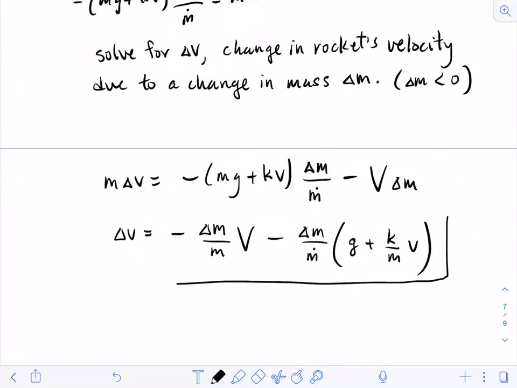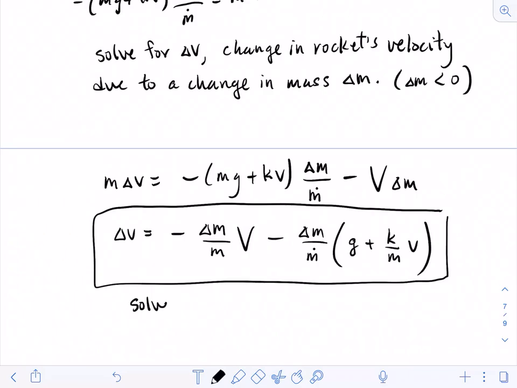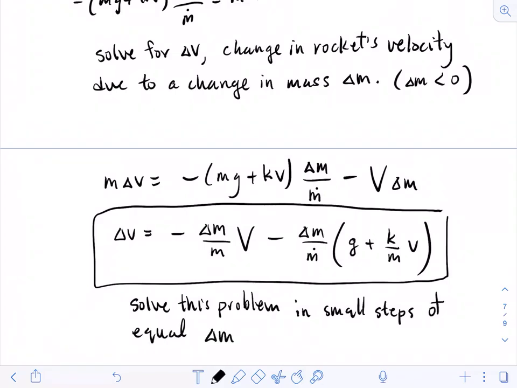Okay, so this is one of the important results here. So what we're going to do is solve this problem in small steps of equal changes in mass that are negative.